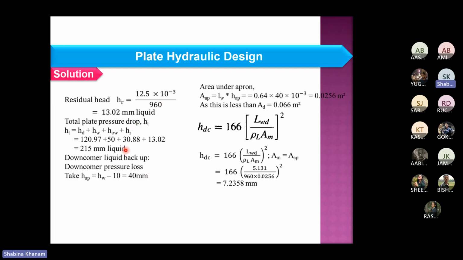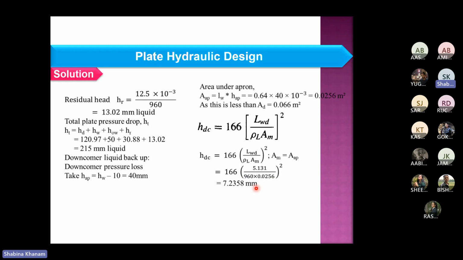Once I have this pressure drop, we can proceed towards the downcomer backup. For downcomer backup, we need to consider HAP which is 40 mm, and then area under the apron you can find like this. Actual downcomer area is this, so you can choose the lower value among these two, and considering this lower value, you can find out HDC as this value.